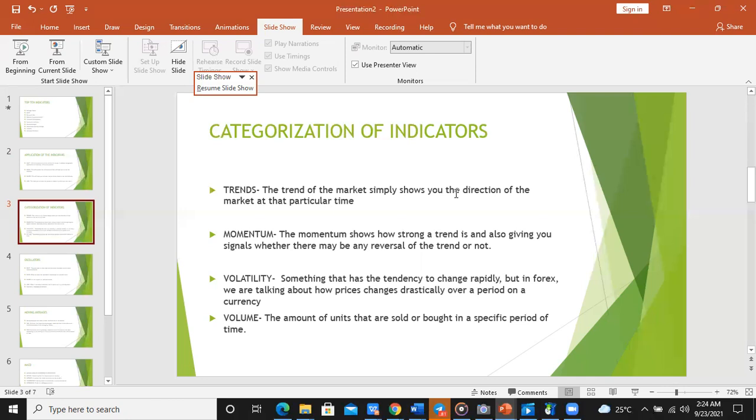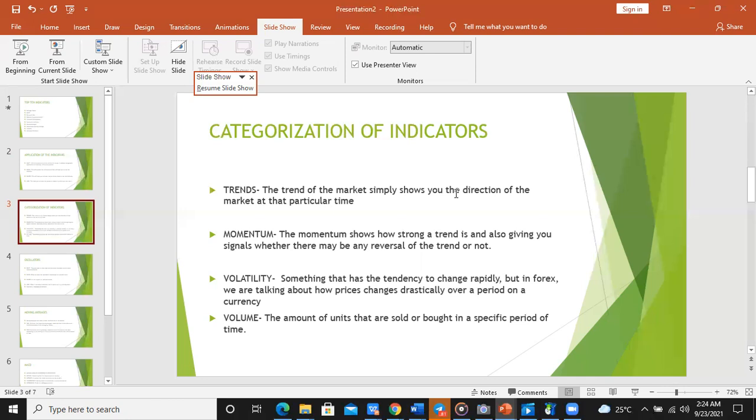So just be looking for a buy position still. Or the way this market is trending downwards, it's not going up anytime soon. So you should just be looking for sells. So there are indicators that will show you that this market will stay at the down for long, or stay at the top for long. So that is the momentum.